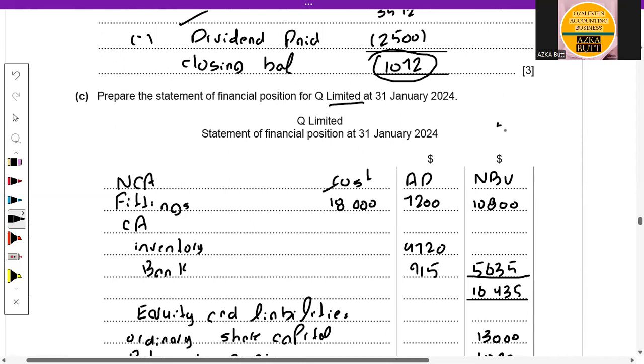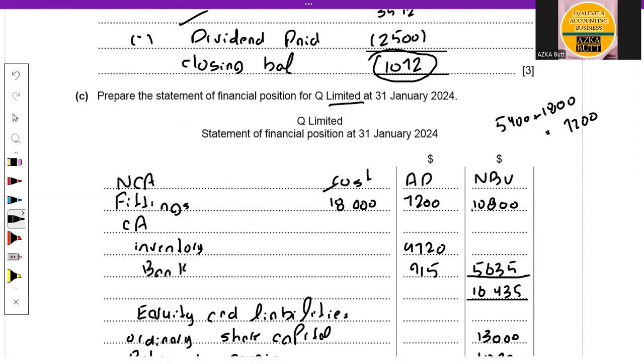And 5,400 was the previous, and for this year we find that its depreciation was 1,800, so altogether this is 7,200. So 7,200 would be its depreciation, and its net book value is 18,000 minus 7,200, so 10,800 would be its net book value.